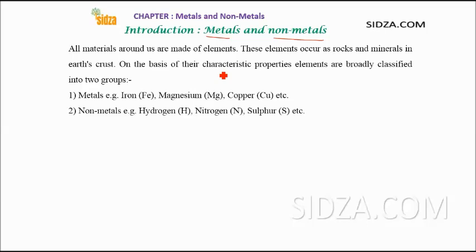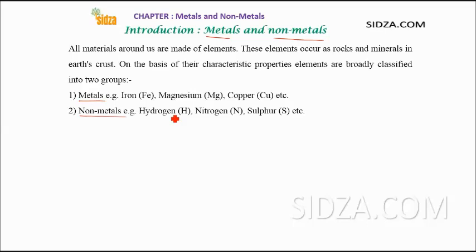These elements can be broadly categorized into two main groups: metals and non-metals. Metals like iron, magnesium, copper, and non-metals like hydrogen, nitrogen, and sulfur.